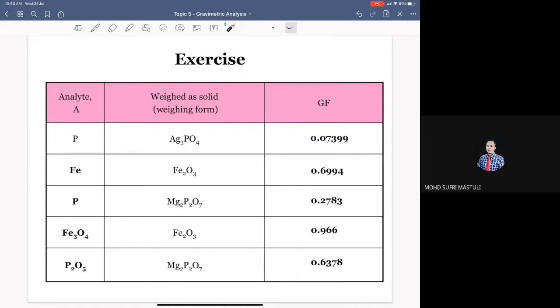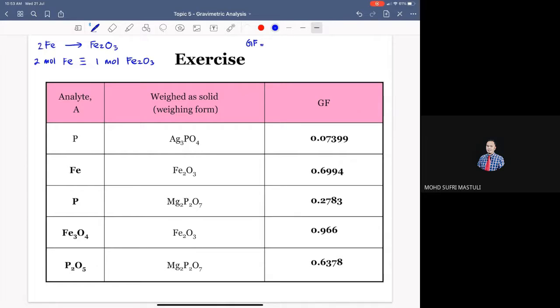So the gravimetric factor, we can calculate the Fe converted to Fe2O3. So we know 2 mole Fe, 1 mole Fe2O3.